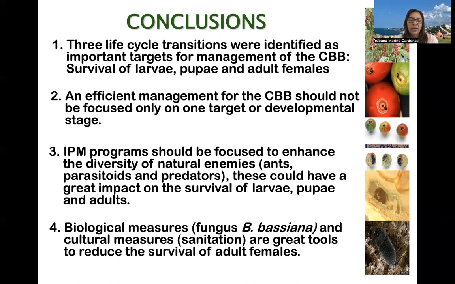Other measures like biological controls such as the fungus Beauveria bassiana, and cultural measures like sanitation, that is the collection of all fruits that remain in the branches after the main harvest, are great tools to reduce the survival of adult females.